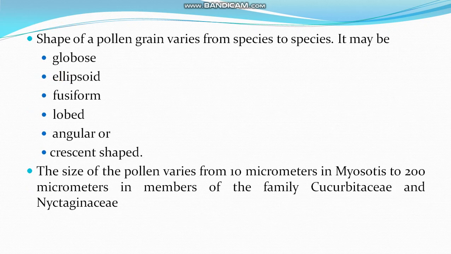Shape of the pollen grain varies from species to species. It may be globose, round like structure, ellipsoid, fusiform, lobed, angular or crescent shaped. The size of the pollen varies from 10 micrometer in Myosotis to 200 micrometer in members of the family Cucurbitaceae and Nyctaginaceae.